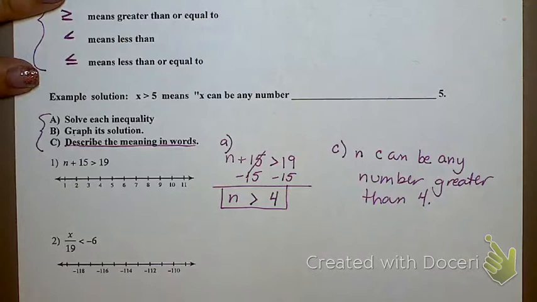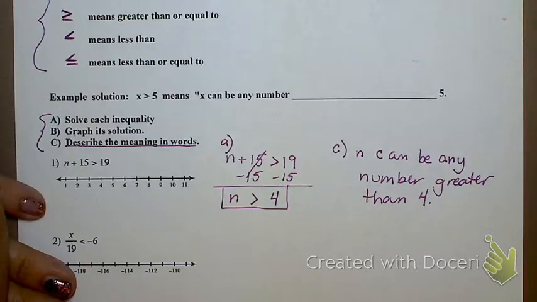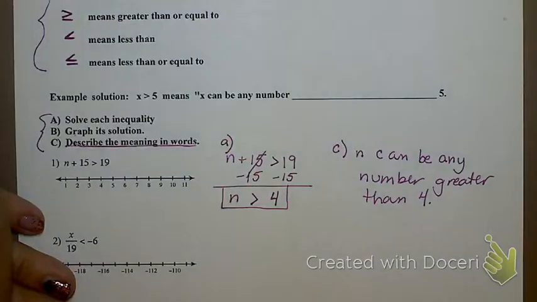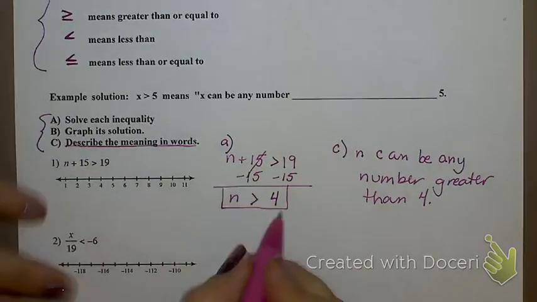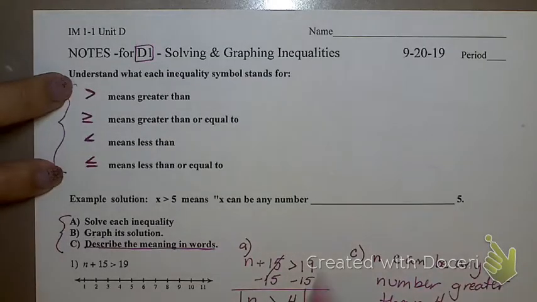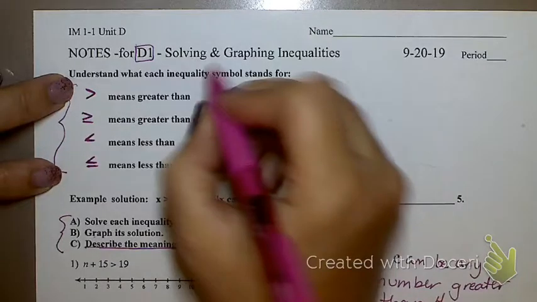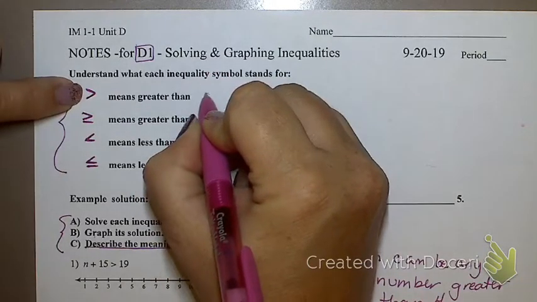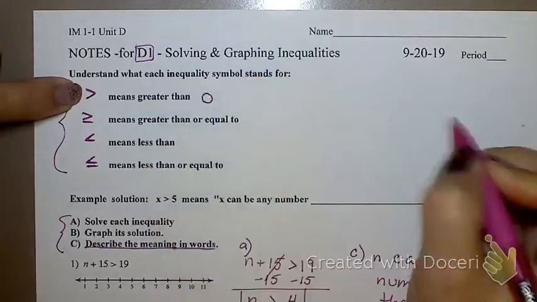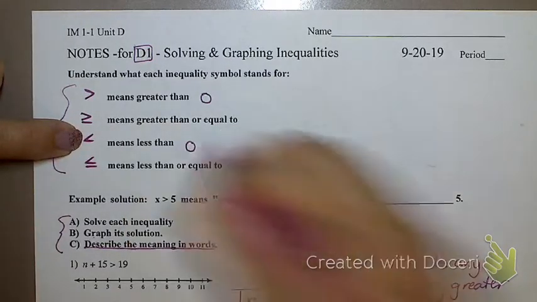Okay. So, I'm going to go graph it. What do you think the important point is on my graph? 4. Absolutely. 4 is my important point. Now, something we need to come back up here for is we're going to draw a circle on 4, but we have to see what kind of circle. If we have greater than, we draw an open circle. If we have less than, we draw an open circle.